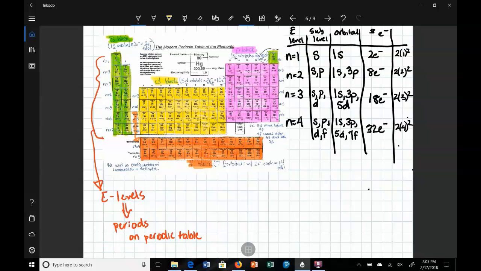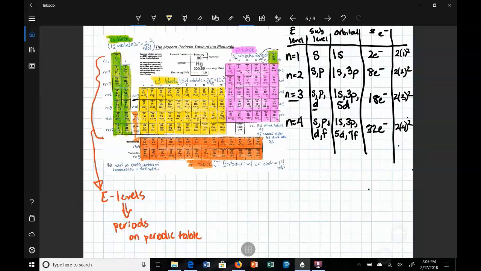So, let's go down to the fourth energy level. That's where things get a little bit tricky. Our D block, notice that there are 10 atoms in each period in the D block. Now, remember, the D's start in energy level number 3. So when we look here on the periodic table, we have to know that this set of atoms has electrons starting in the third energy level.